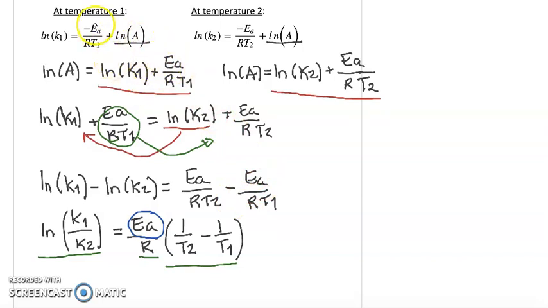So if you know the activation energy, you can put it in this equation and you can find the frequency factor. And next, you need to calculate the rate constant for a temperature number 3. Then you know the activation energy, the temperature is given, you know the frequency factor, so you can just plug into this equation.